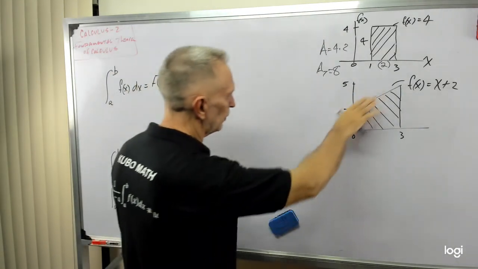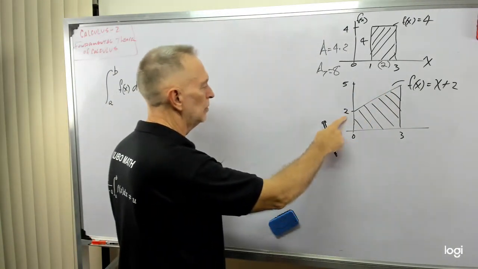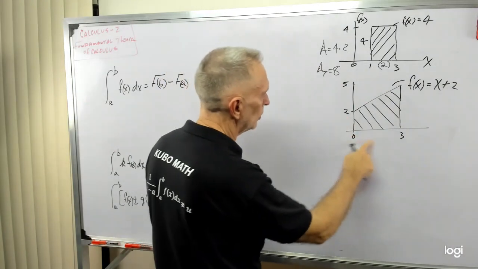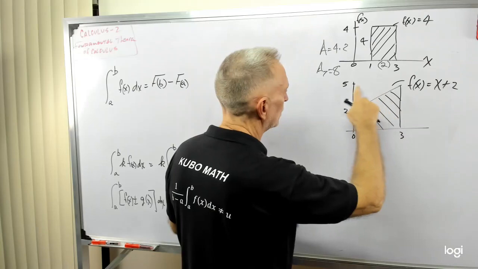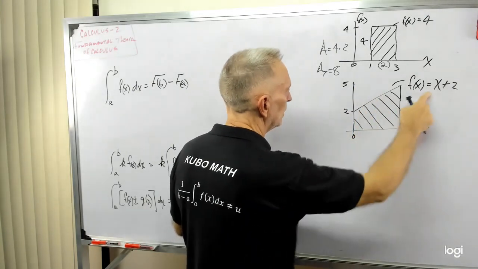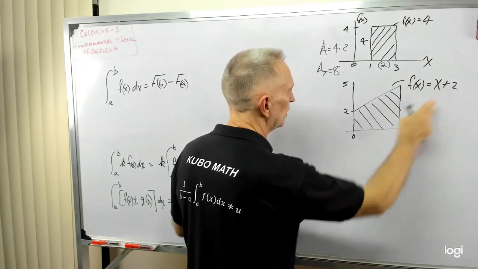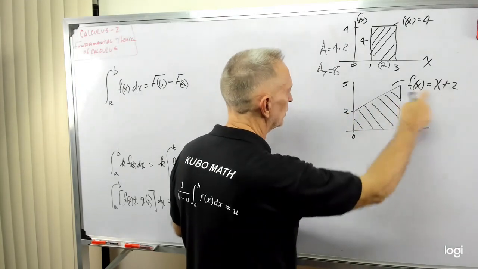Let's look at this function. When x equals 0, f of x equals 2. When x equals 3, 3 plus 2 equals 5. So the function is x plus 2: 0 plus 2 is 2, 3 plus 2 is 5.